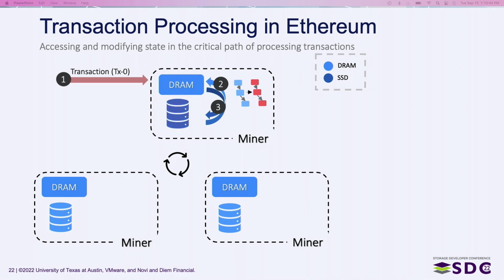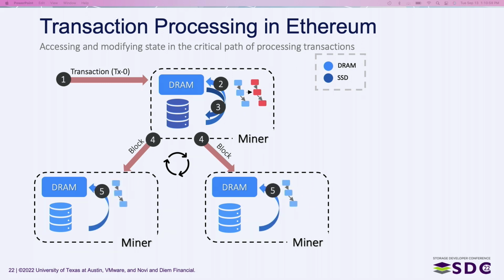Then it writes these changes and persists them on SSD. Once the miner mines this transaction into a valid block, it sends the block to other miners. Other miners also read the data from their local storage, execute the transactions in the block, and modify their system state accordingly. This way, every single miner re-executes the transactions to ensure correctness.